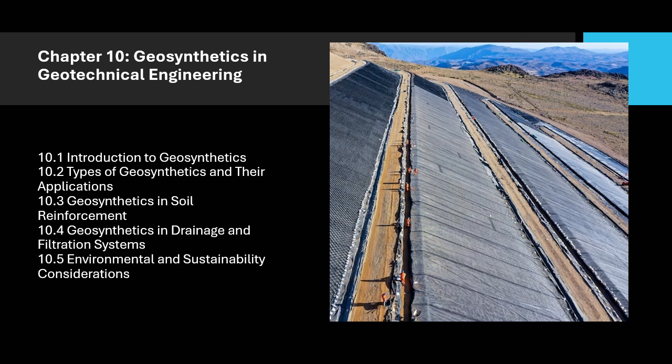Description: Geosynthetics are widely used in the construction of embankments and dams to reinforce weak soils and improve the stability of the structure. They can be used for both vertical and horizontal reinforcement in embankment construction.